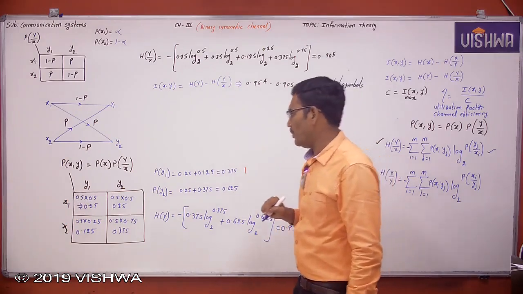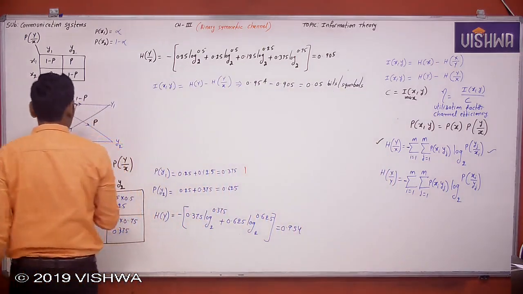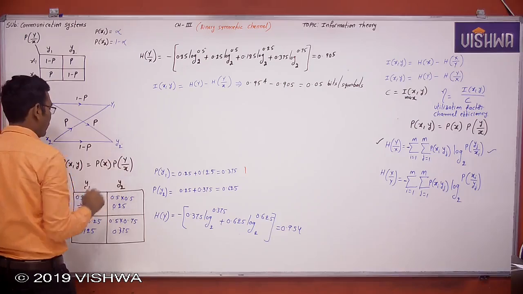Now the joint probability. The joint probability P of x comma y is equal to P of x into P of y by x.